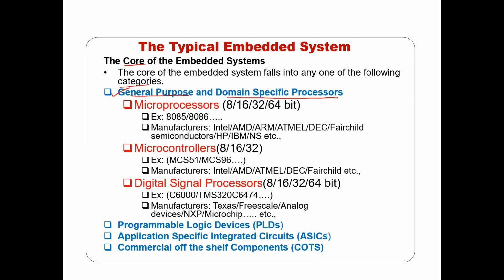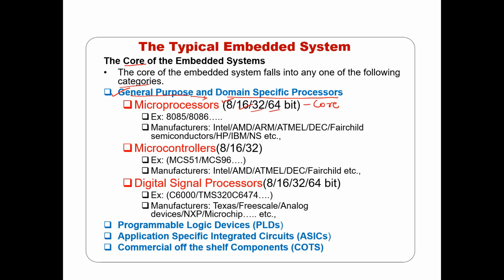The general purpose processor embedded system is one in which the CPU or the core is built using a microprocessor. These microprocessors can be 8-bit, 16-bit, 32-bit or 64-bit.